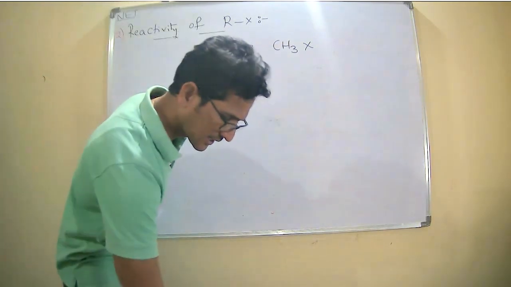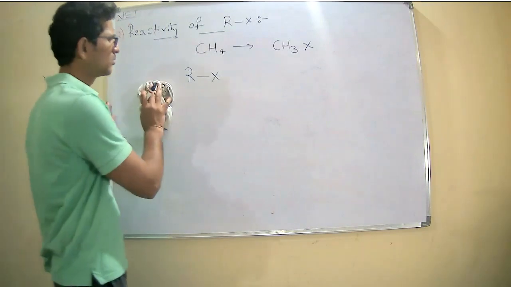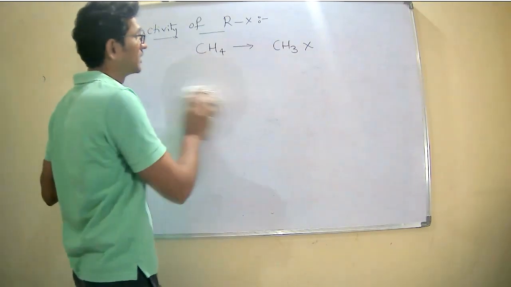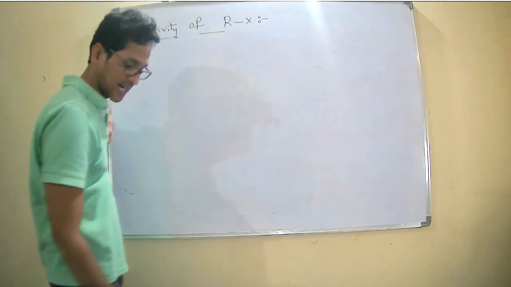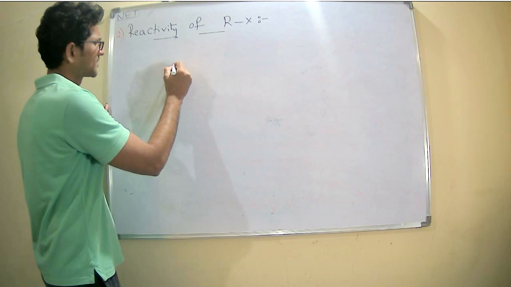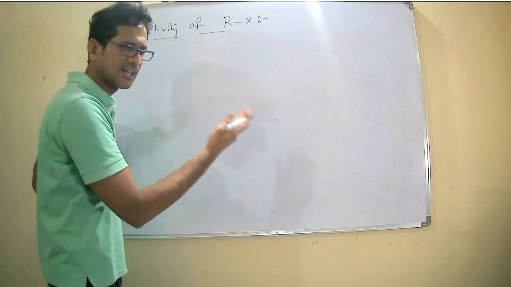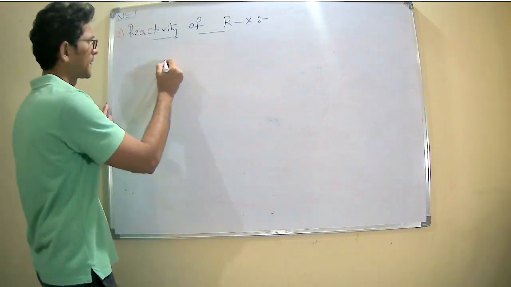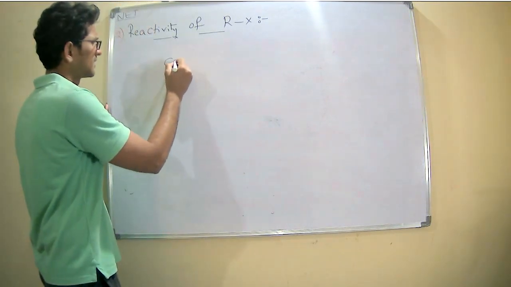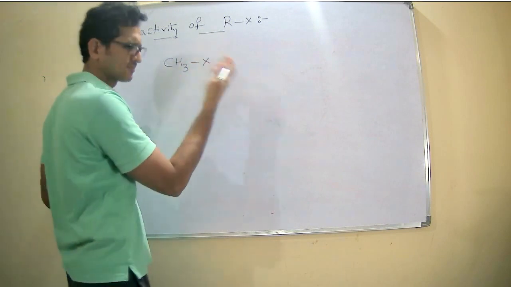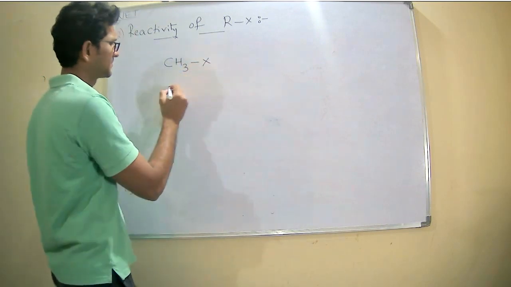Which alkyl halide is more reactive? I will write some types of alkyl halide, means tertiary alkyl halide, secondary alkyl halide, primary alkyl halide. Now see here, first CH3X, primary alkyl halide.